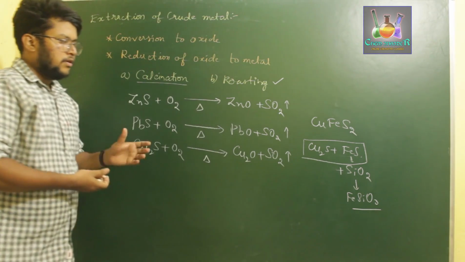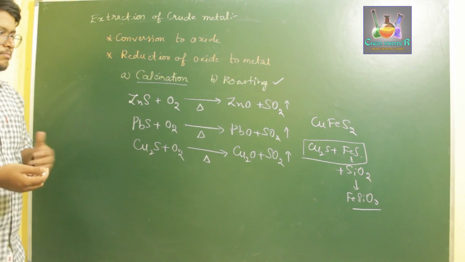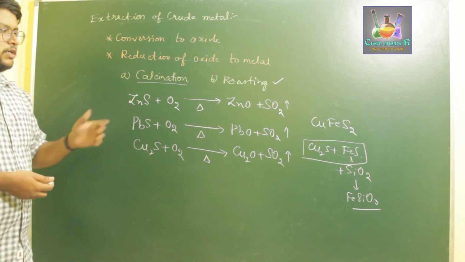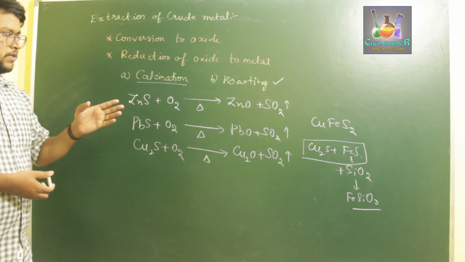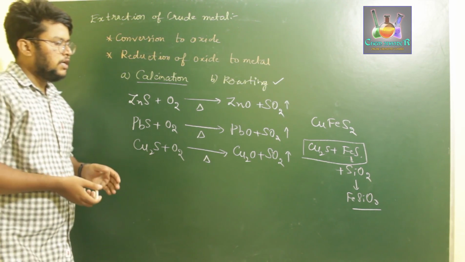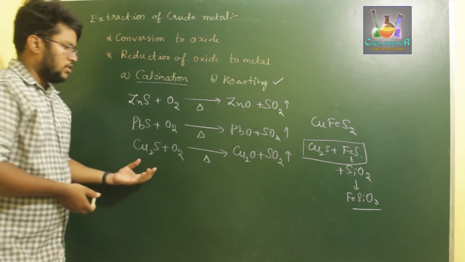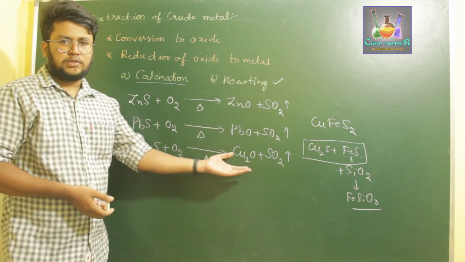This leads to slag particles, which are separated by normal physical methods, such that we clearly take away our copper sulfide, which is then treated with oxygen to form cupric oxides.